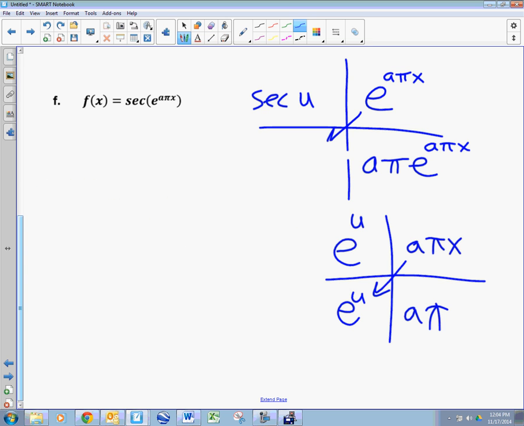This is just how I like to write it. I put the a pi and then the secant of e to the a pi x times the tangent of e to the a pi x times then e to the a pi x. So I like to put e on the very end.